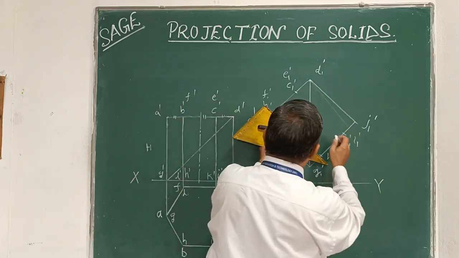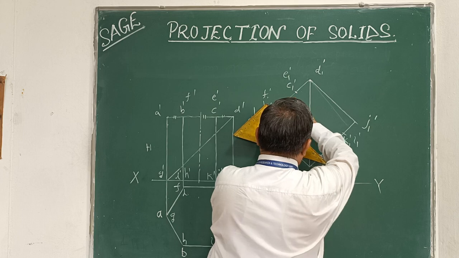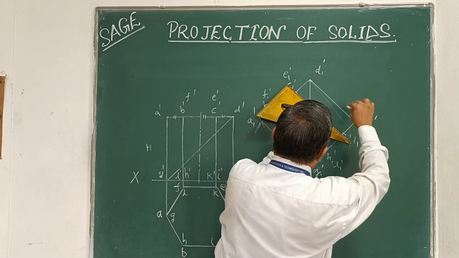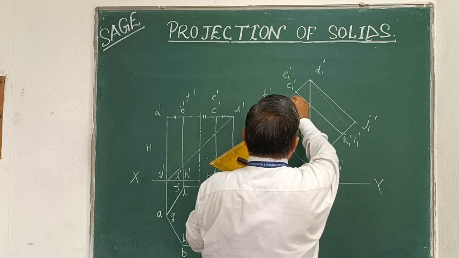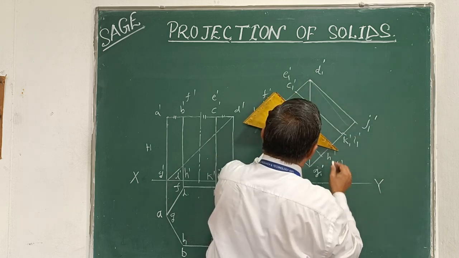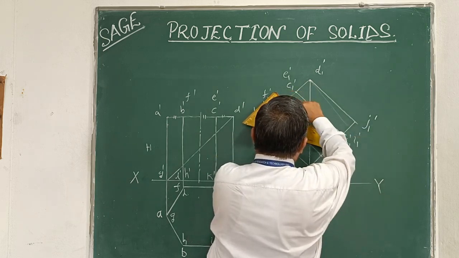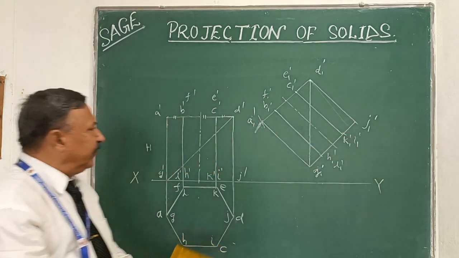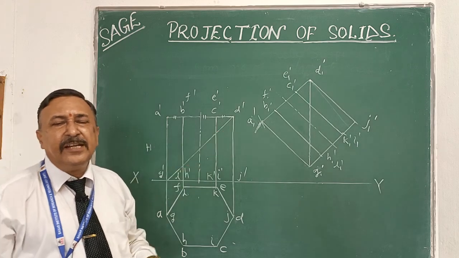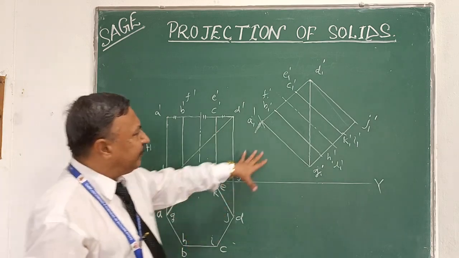Join these points. We can mark the axis also here. So this is our solid freely suspended. This is the front view.